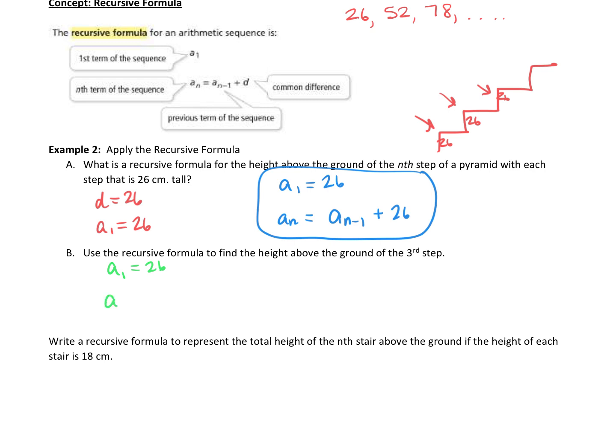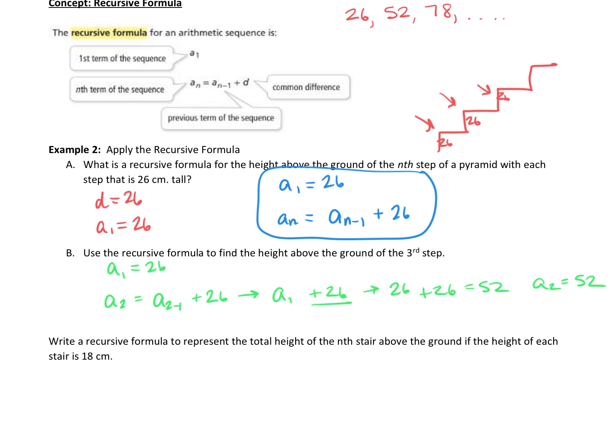To find the second term, I take a sub 2 minus 1 plus 26. A sub 2 minus 1 is 2 minus 1, which is 1. A sub 1 plus 26. And we know what a sub 1 is. We just defined it. A sub 1 is 26. So I'm going to replace that with 26, add on the next 26, and we get 52. So a sub 2 equals 52.